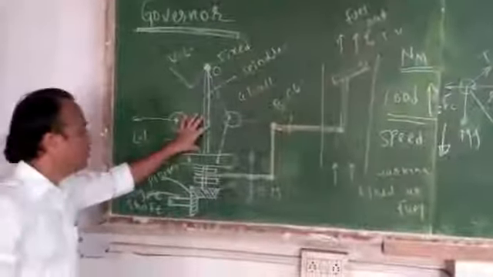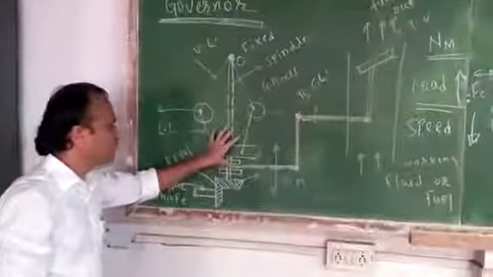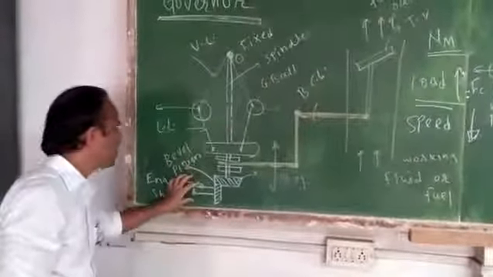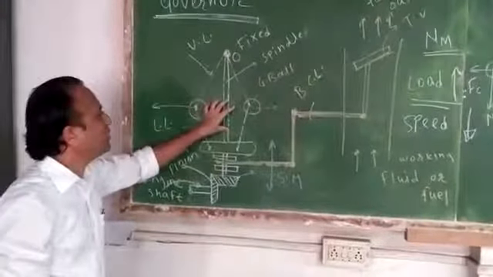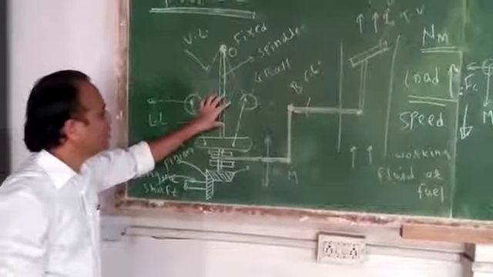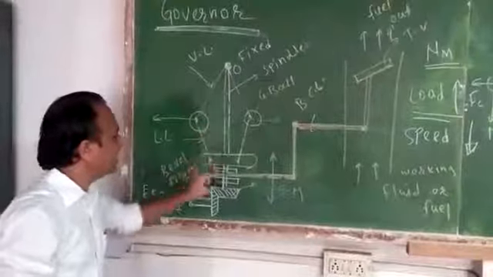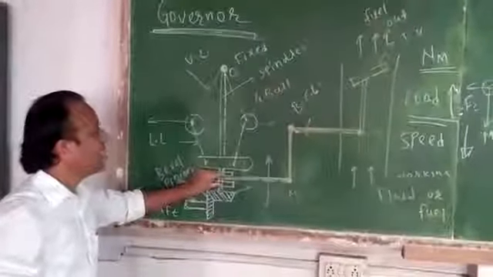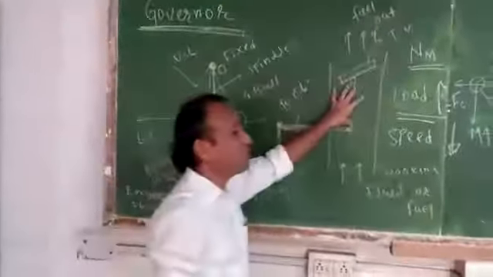This sense of speed of the engine shaft is first conveyed to the spindle, that is, the governor shaft, and this governor shaft is connected to the sleeve, and the sleeve will give the sense to the fuel supply system.